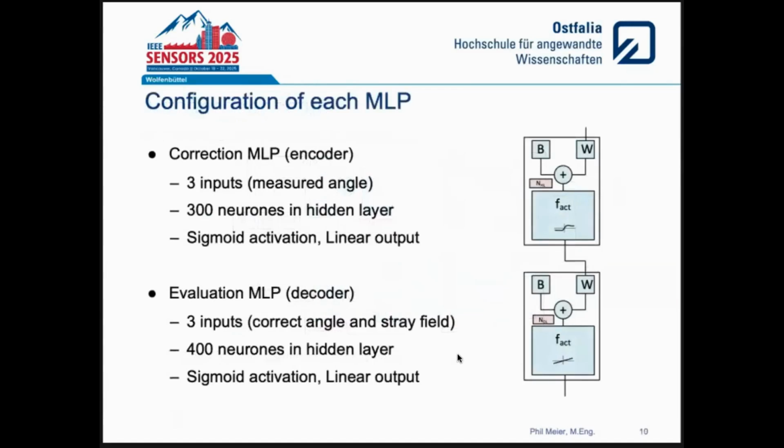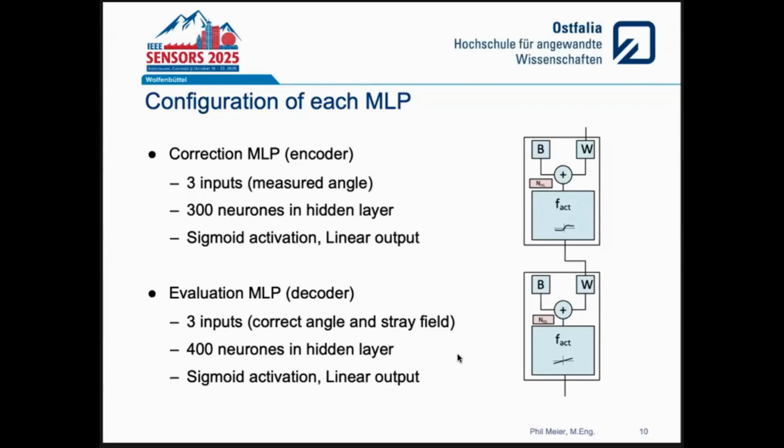For the configuration, the correction network had 3 inputs. It had around 300 neurons in the hidden layer, a simple 2-layer setup, with sigmoid activation and linear output as a regression network. The evaluation network has the same structure, 3 inputs.